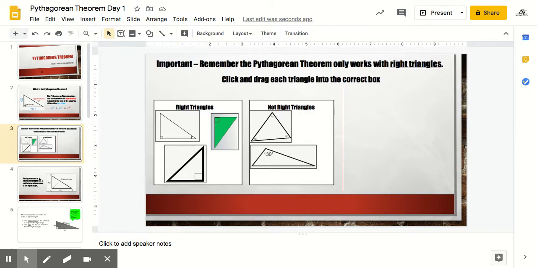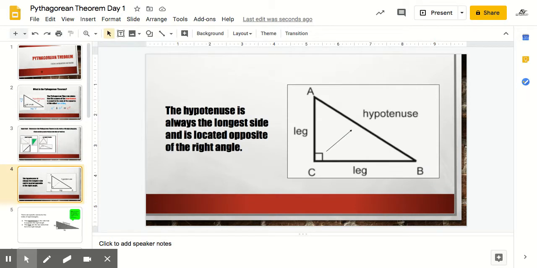Okay, so with right triangles, there's a bunch of vocabulary words we have to memorize. The first word you're going to be hearing a lot is the hypotenuse. The hypotenuse is always the longest side of a right triangle. It is also always located opposite of the right angle.